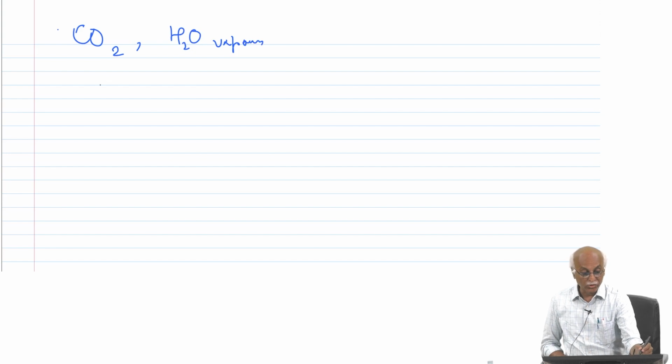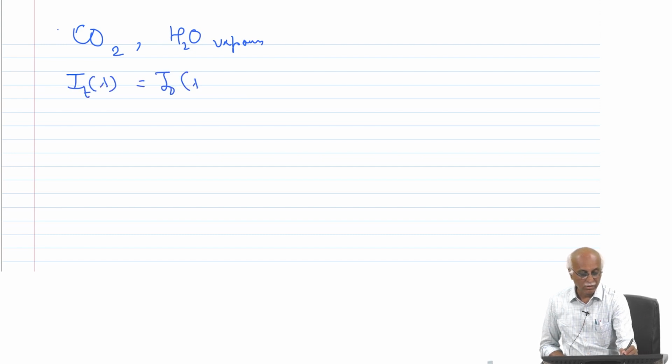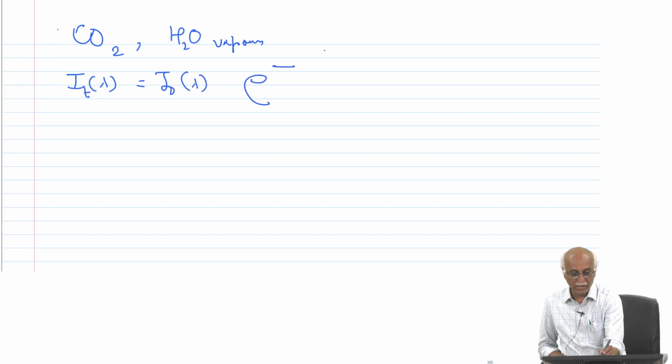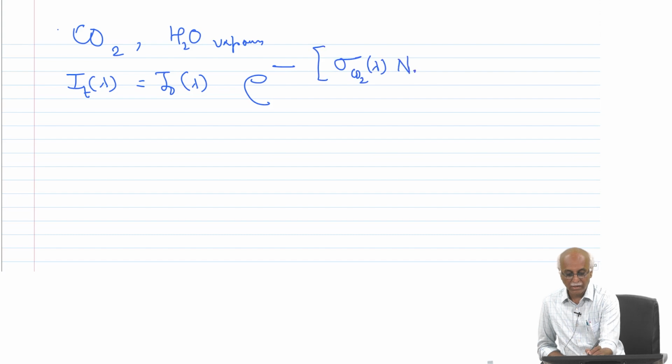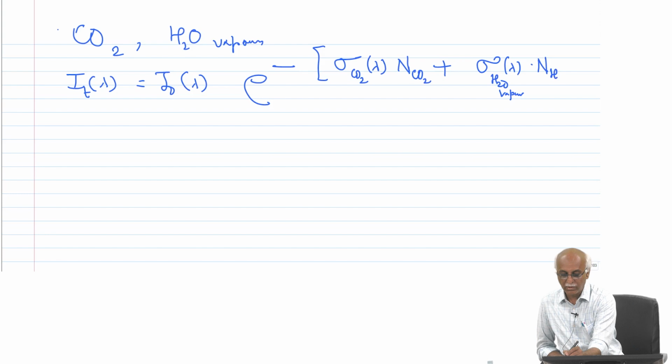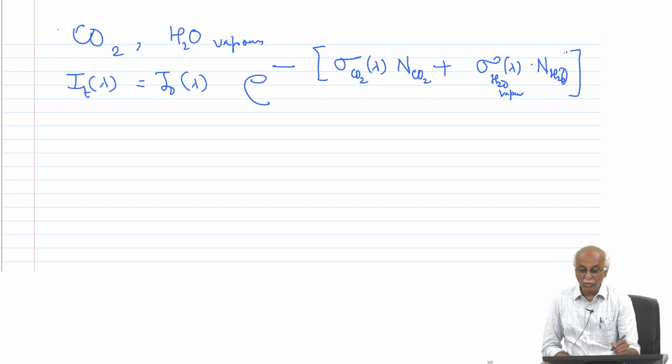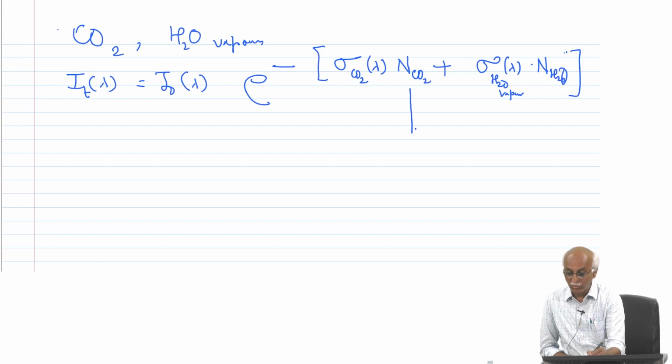So, in this case our formulation, if you see the previous one, is: transmitted light is equal to input at a particular wavelength, exponent of minus sigma of CO2 corresponding to lambda into n of CO2 plus sigma of H2O vapor into concentration of water vapor, correct. This will be the formulation. Now, if I want to derive both the concentration of CO2 and the concentration of H2O, what shall I do?